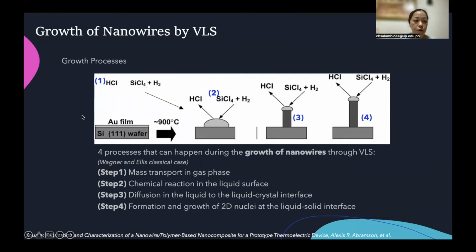And then step 4, we have the formation and growth of 2D nuclei at the liquid-solid interface, wherein further condensation and dissolution of silicon into the liquid-solid interface occurs, and then the length of the nanowires increases.